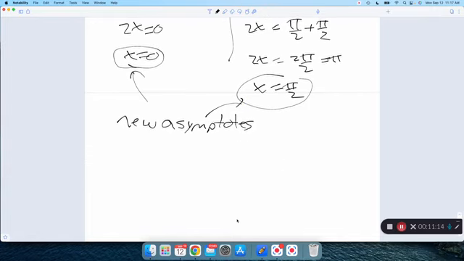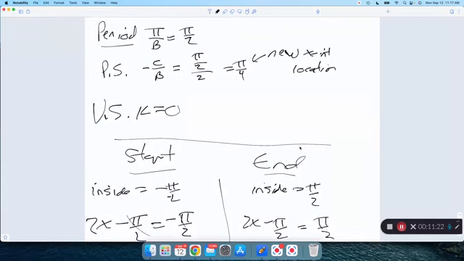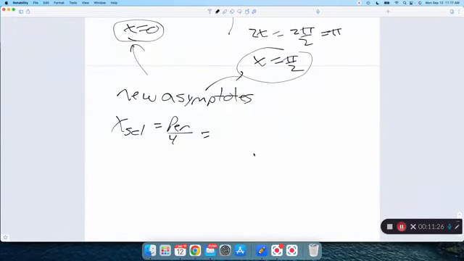Okay, we still do the scale. X scale is still the period over 4. I don't remember what my period was. Pi over 2. Over 4, that would be, keep change flip, pi over 2 times 1/4, pi over 8.